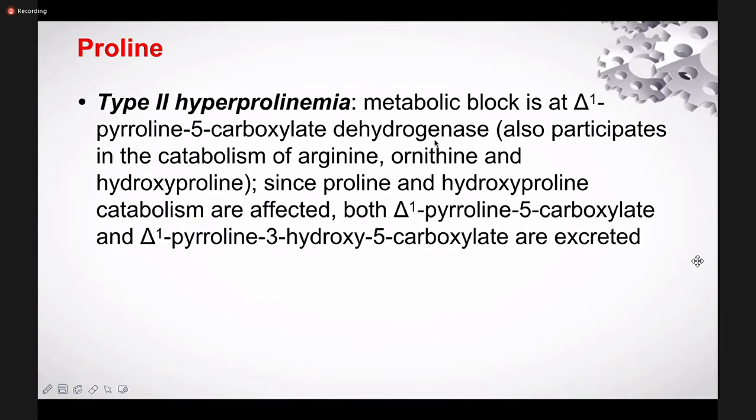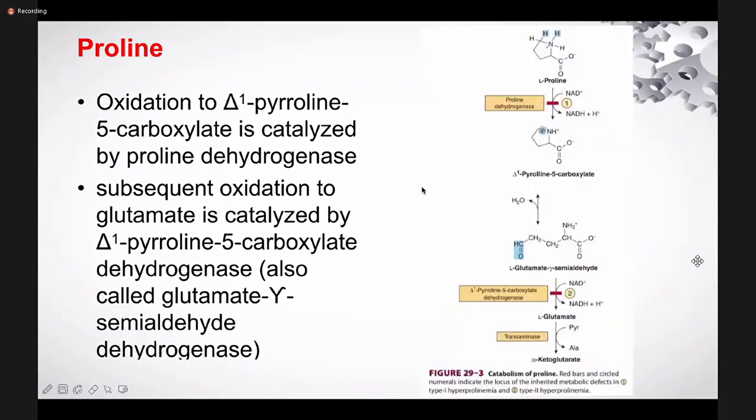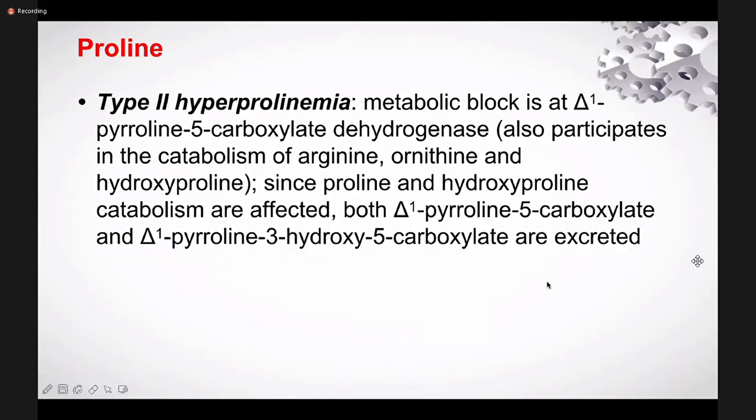For type 2, however, the metabolic block is at the next step, the second reaction, so it affects the second enzyme. Since this enzyme also participates in the catabolism of arginine, ornithine, and hydroxyproline, both pyrroline carboxylate and hydroxypyrroline carboxylate are excreted.